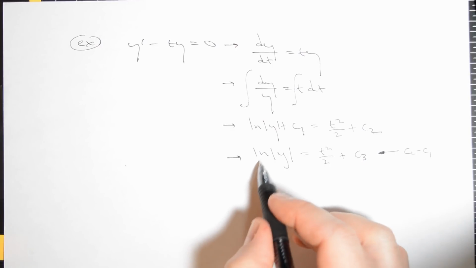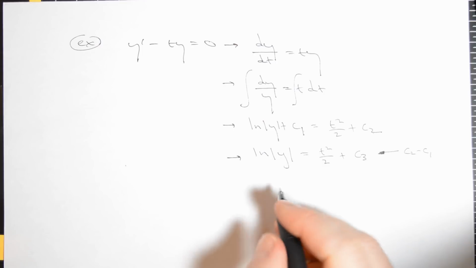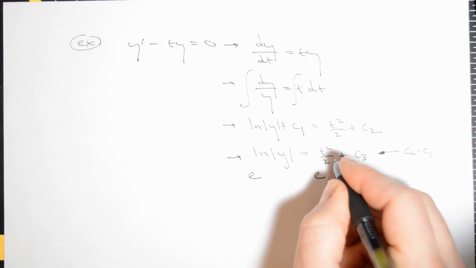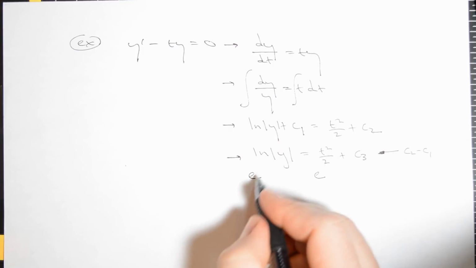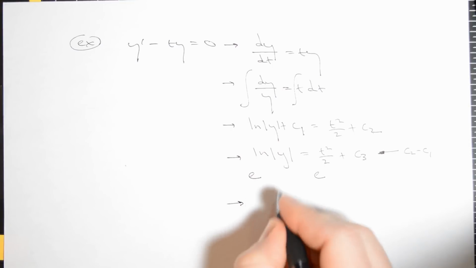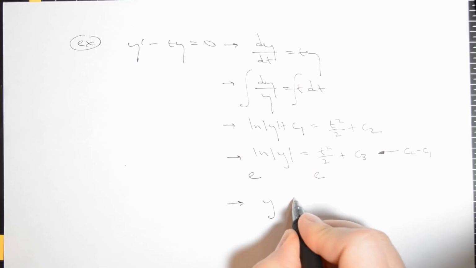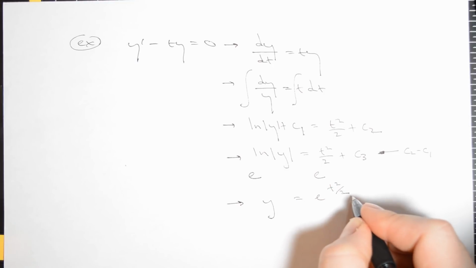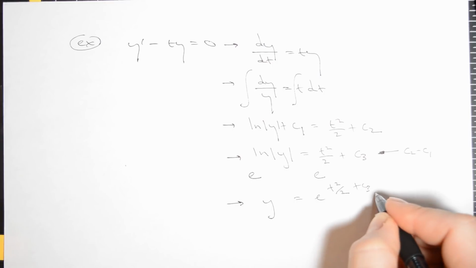Well, we can use the inverse property of exponential and logarithm. So here we can raise e to this exponent and e to this exponent. e and ln are inverse functions, and so this cancels and becomes y, while on the right-hand side we have e to the t squared over 2 plus c3.